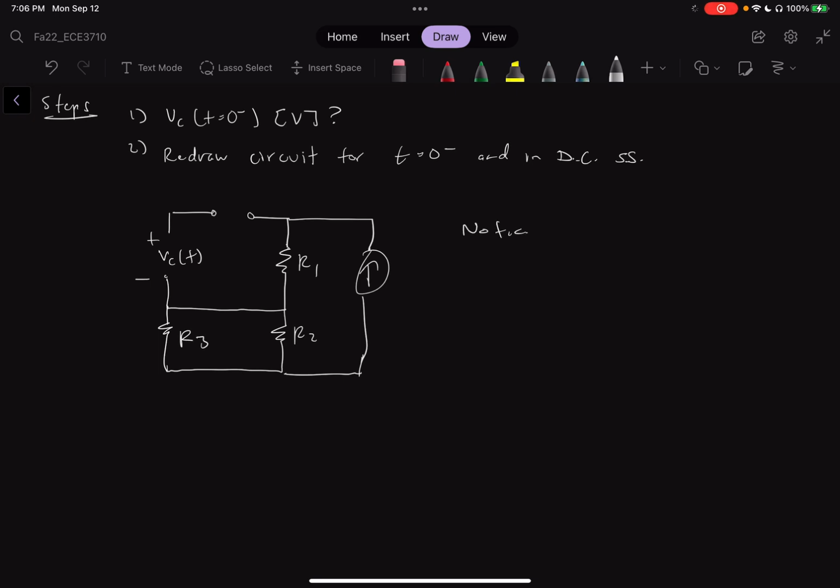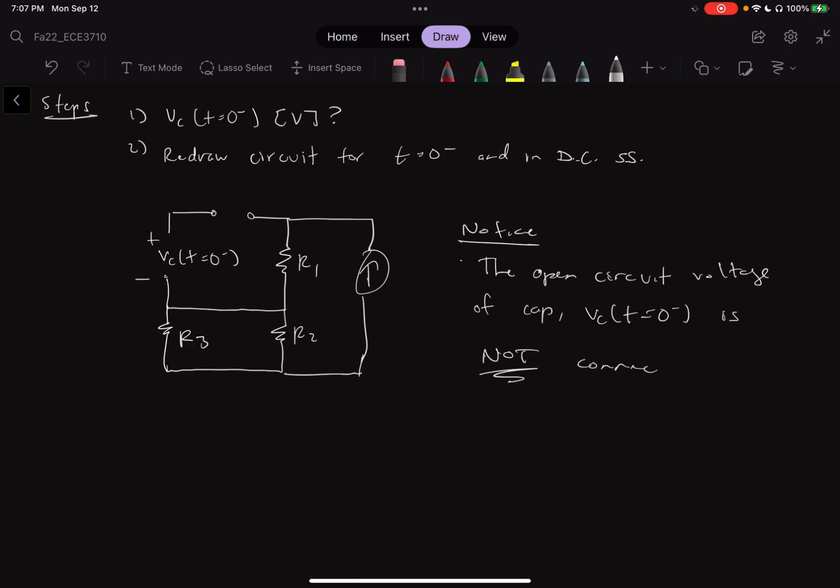Notice in our drawing, the open circuit voltage of the cap, VC of t equal to 0 minus, is not connected to the circuit.